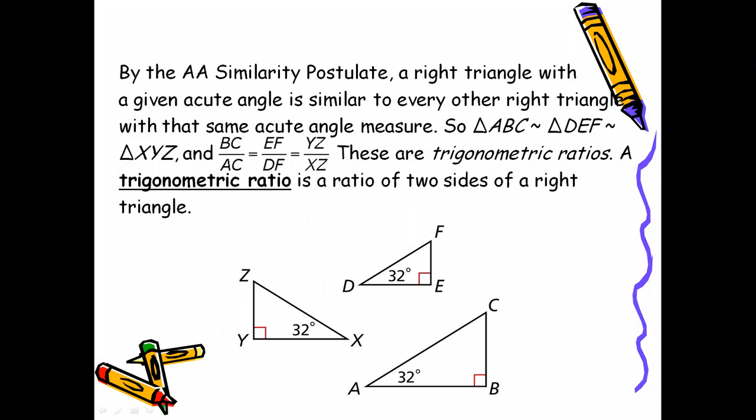Triangles ABC, DEF, and XYZ, and the ratios of their sides, BC to AC, EF to DF, YZ to XZ, are all trigonometric ratios. A trigonometric ratio is the ratio of two sides of a right triangle. These are all similar triangles.